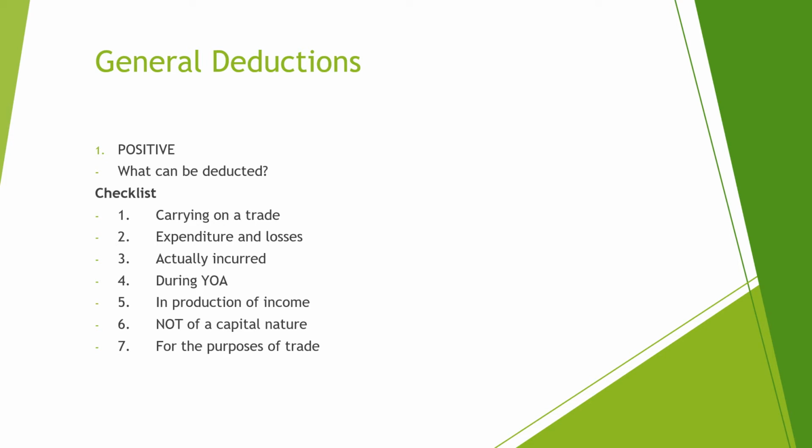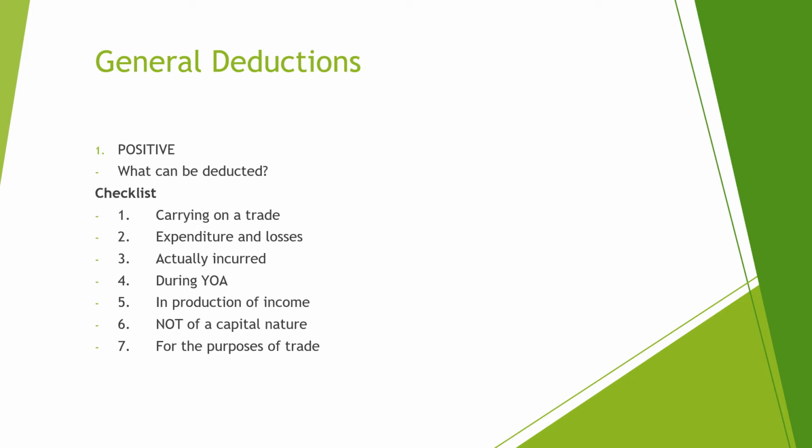It's your capital assets. I'll cover with you later on the capital allowances, because there are sections where you have allowances on your capital assets, but you cannot include it here under general deductions because it is of capital nature.